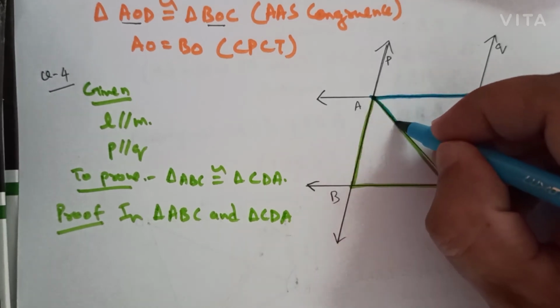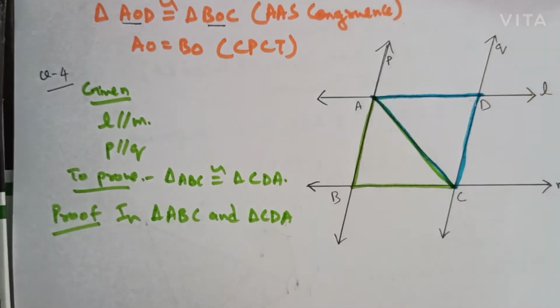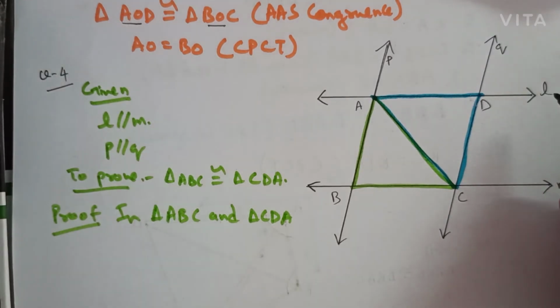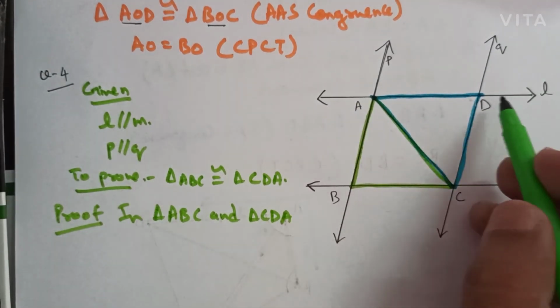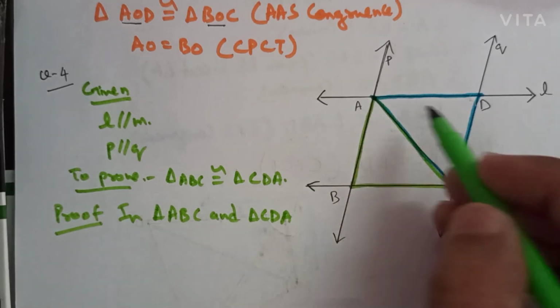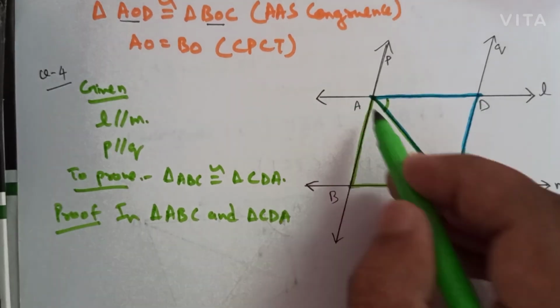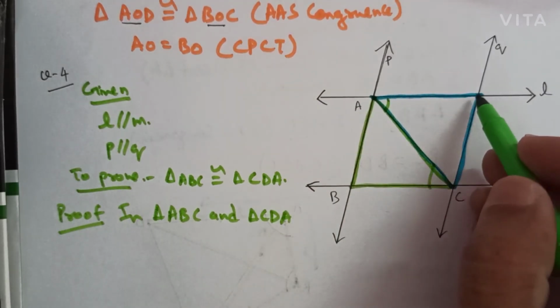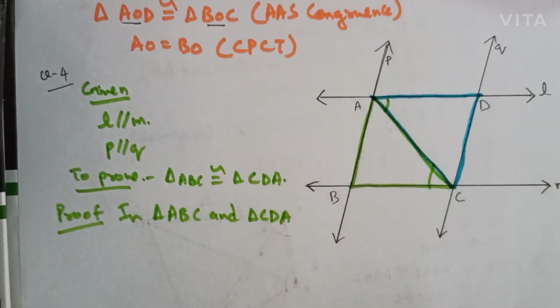These two triangles we have to consider. It is given that L is parallel to M. If L is parallel to M, then this angle and this angle will be equal, alternate interior angles.